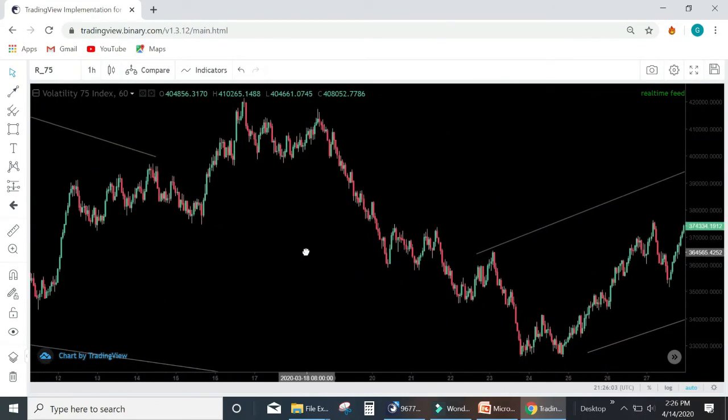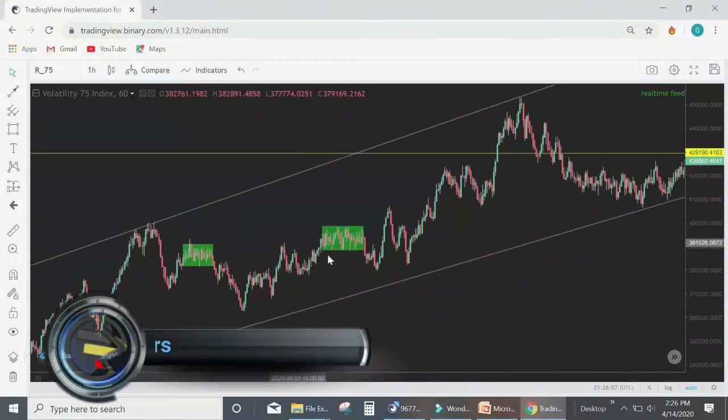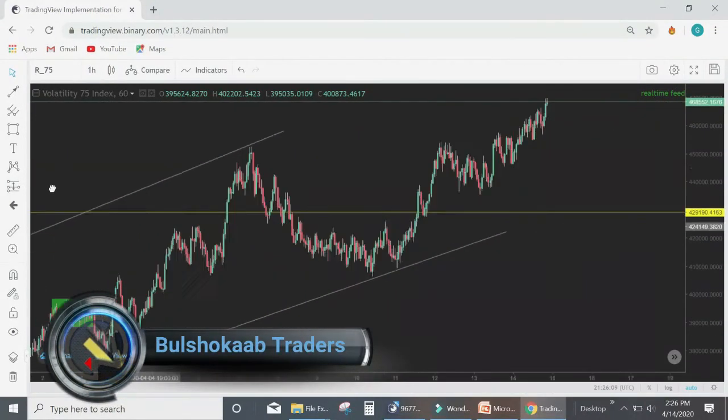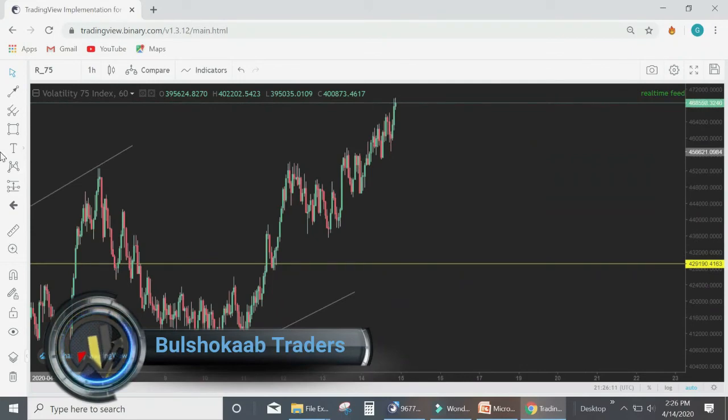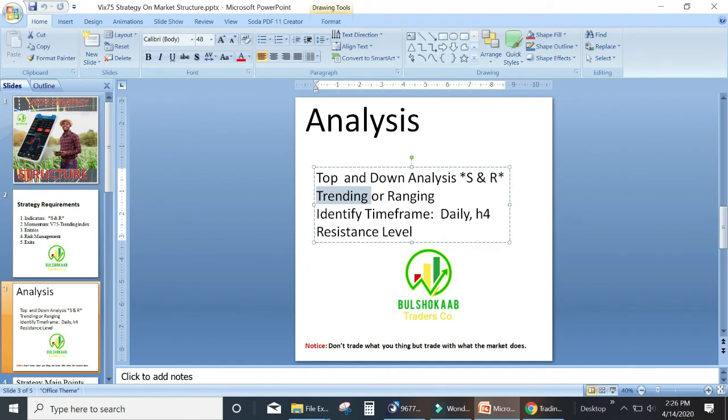So no worries about those ranging states. We do not do any trade at all in the ranging state. So that's all about how you can analyze and recognize your resistance level. That's all.